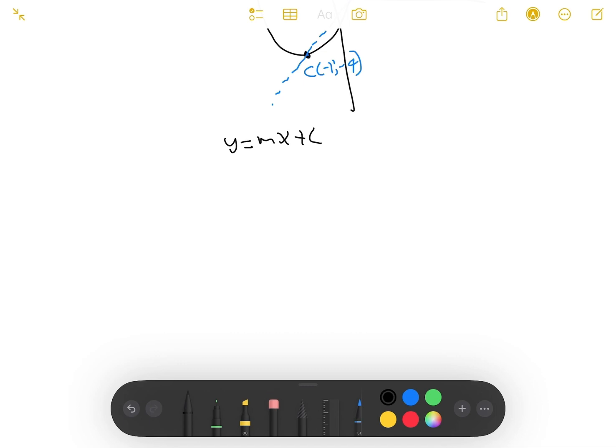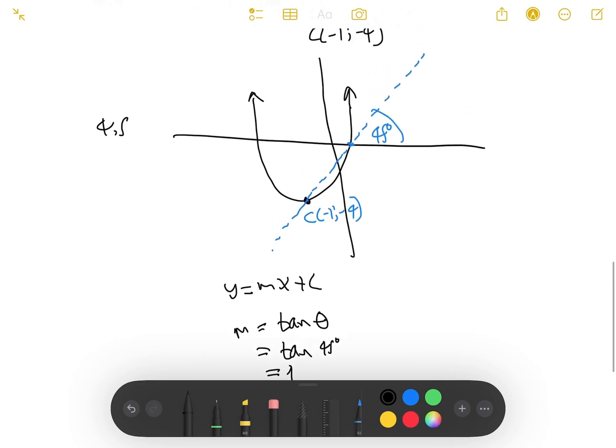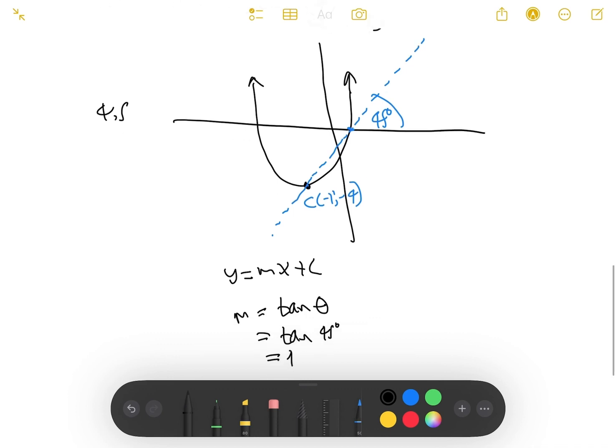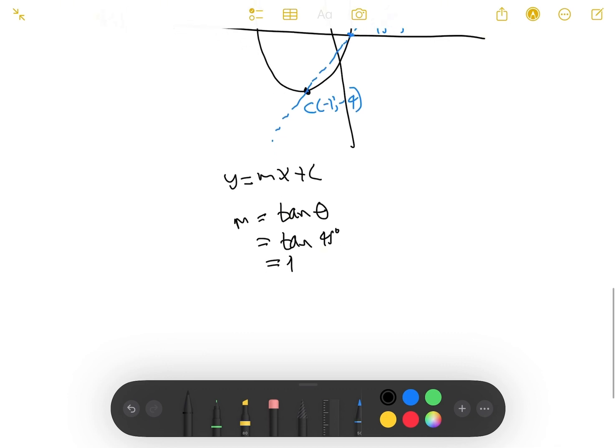Another way of finding the gradient is m equals tan of theta, right? The gradient is the tangent of theta, so tan of 45 degrees gives you 1. In any case, at 45 degrees, both x and y are rising at the same rate, so when one changes by 1, the other changes by 1, which is a gradient of 1.